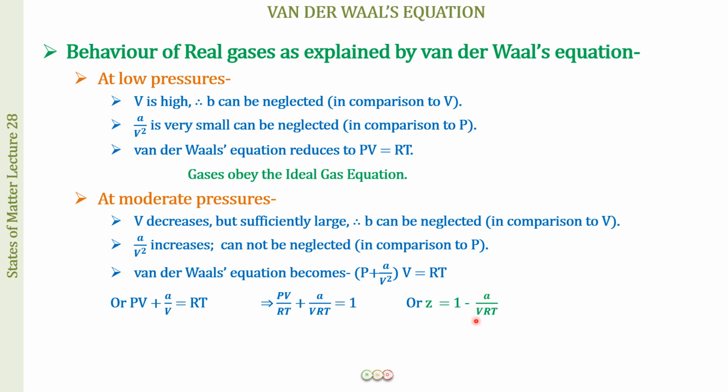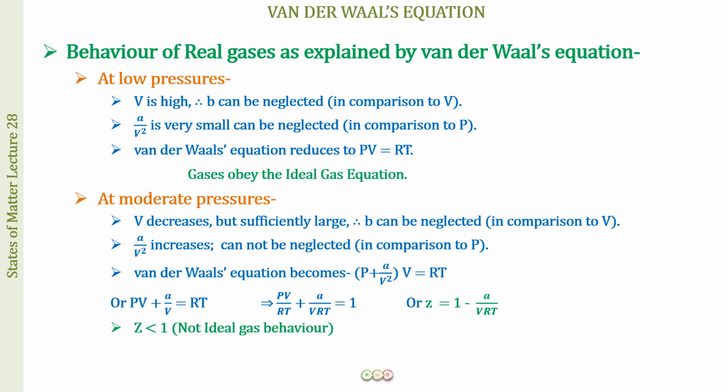Because this is something being subtracted from 1, at a moderate pressure Z is less than 1, right? This is a negative deviation that we are seeing. This is not ideal gas behavior.